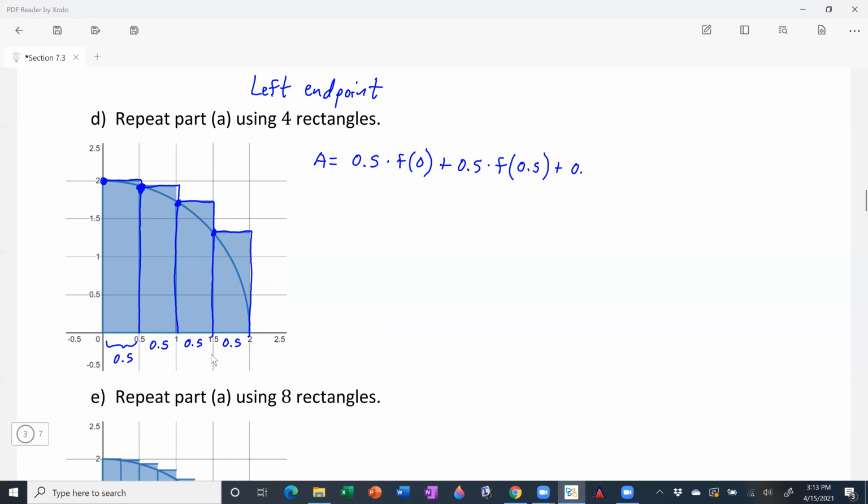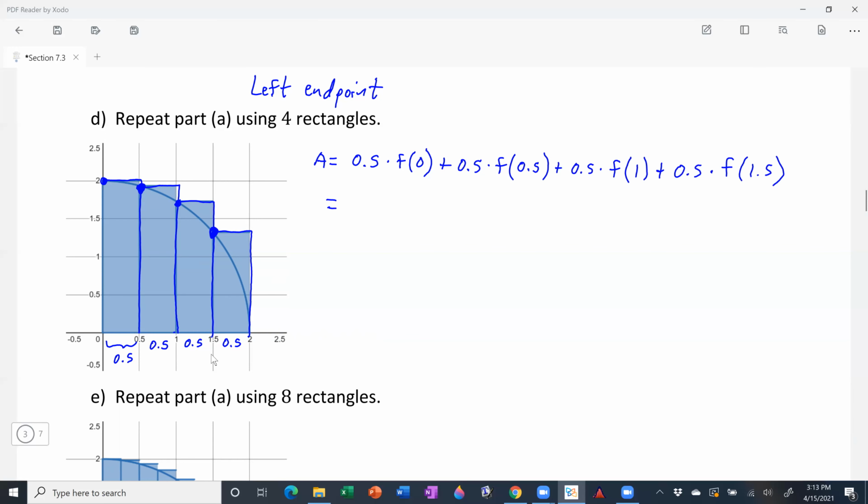Plus another width of 0.5 times the function value at 1, plus another 0.5 times the function value at, and that one is right there at 1.5.